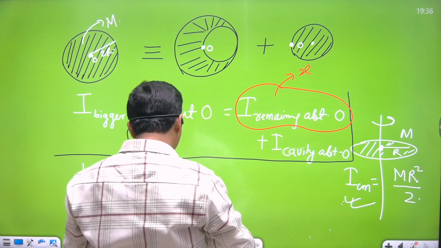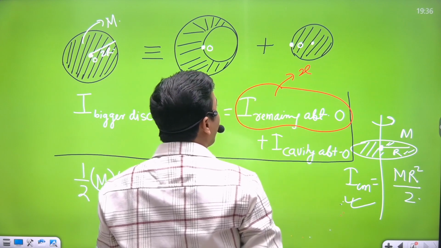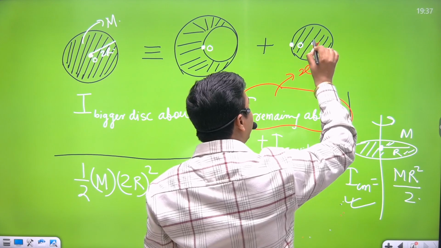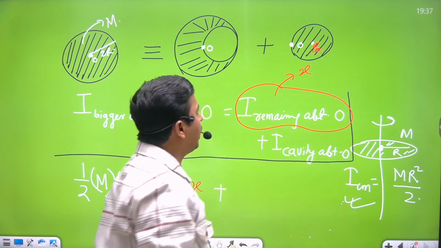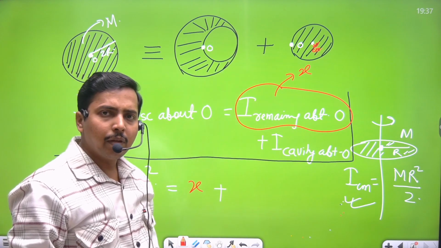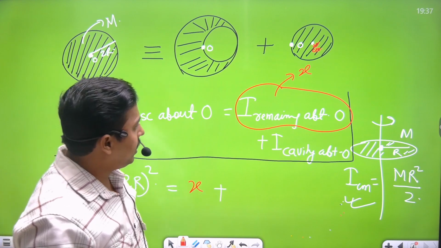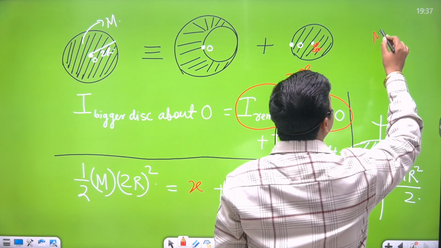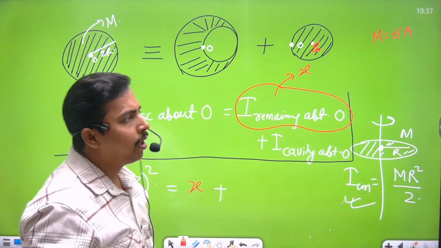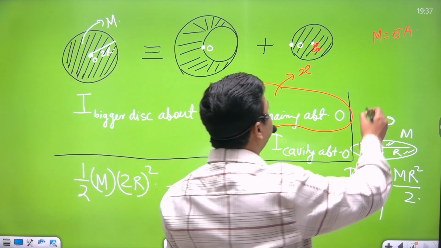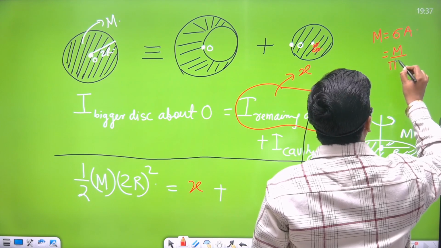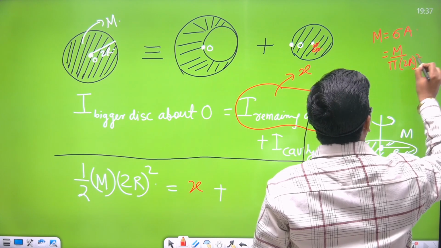This is a very important question now. I of cavity about point O. Now the cavity has a center of mass here. What is the mass of this very cavity? The mass of this cavity can be found as m is equal to sigma into A. Sigma is nothing but total mass by total area, and total area is pi into (2r) whole square.